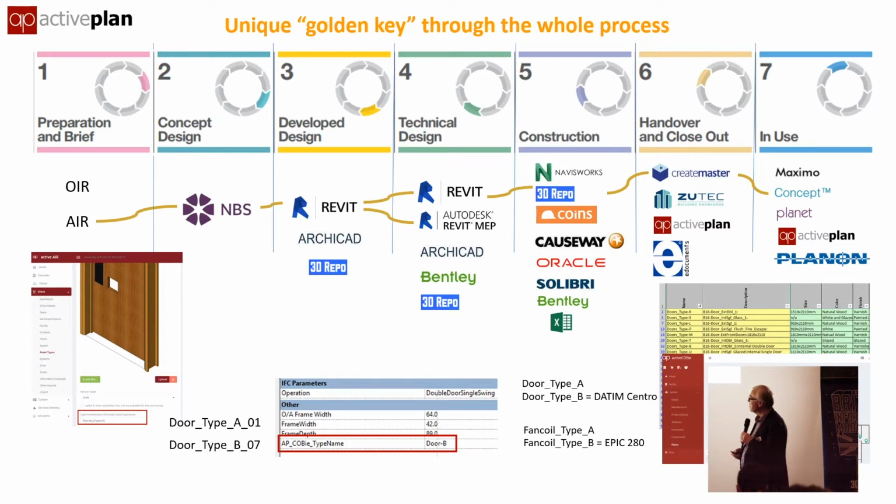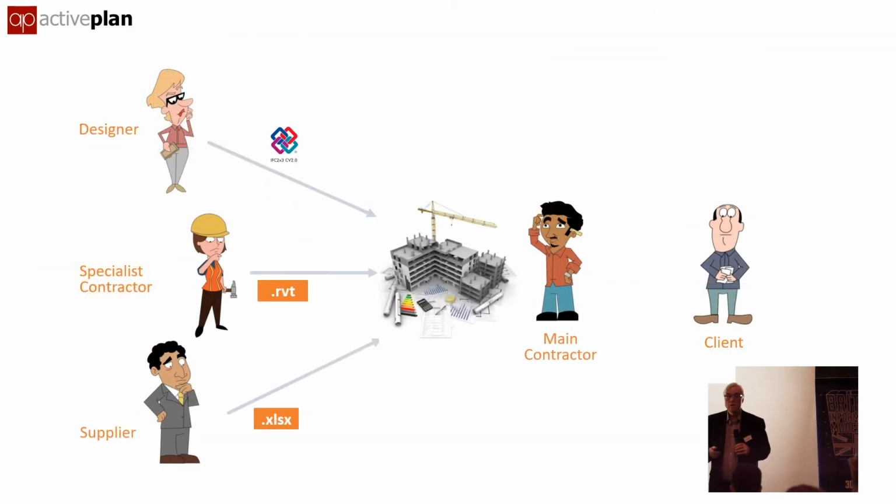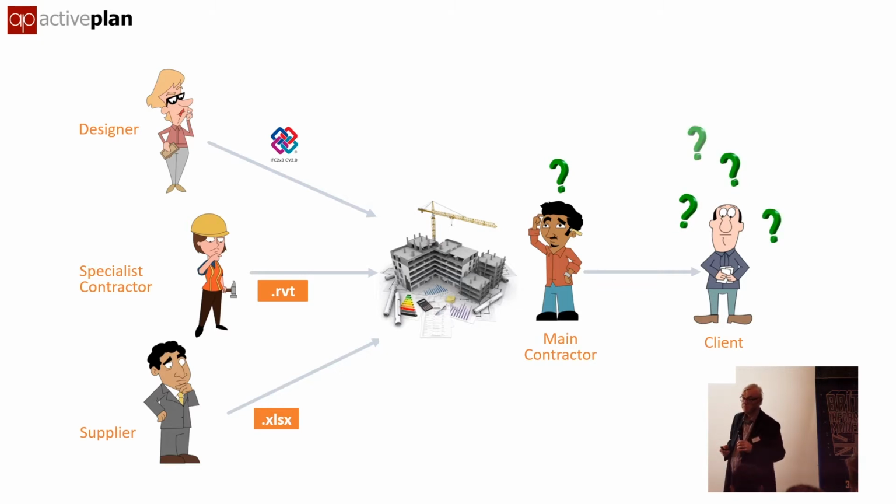So the principle that we're working on here is, at the moment, we've got tools like 3D Repo that are very good at federating, coordinating, and validating geometry. The problem is, the data, if it's not in the model, or even if it's been put in the model and it's wrong, it then throws the client and they end up with unusable information.